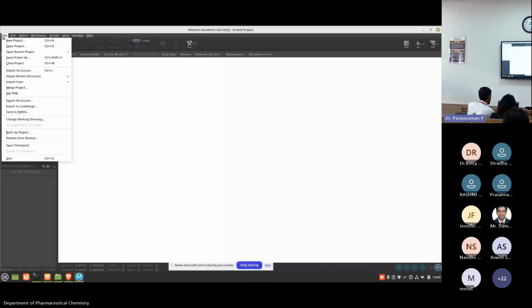By clicking Import Structures, you can import the complex, or by pressing Control+I, you can import the structure.